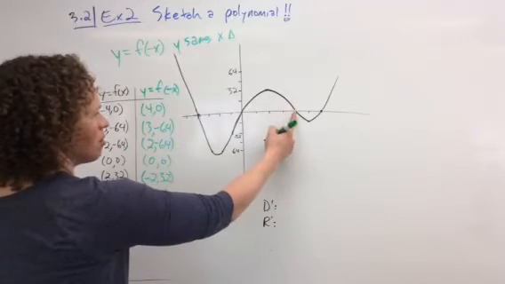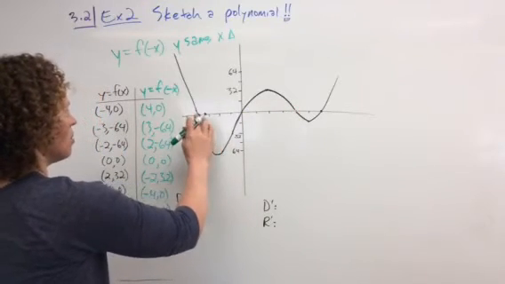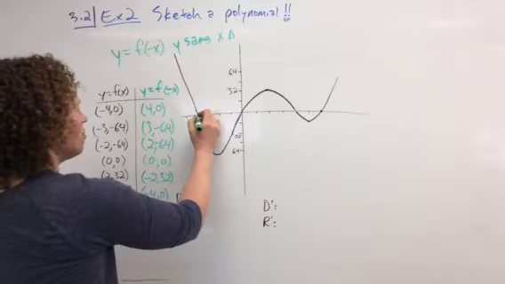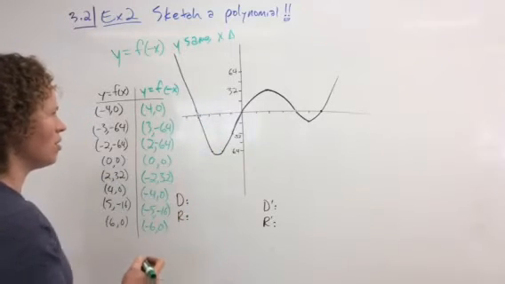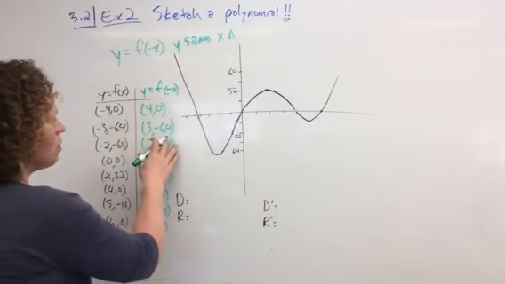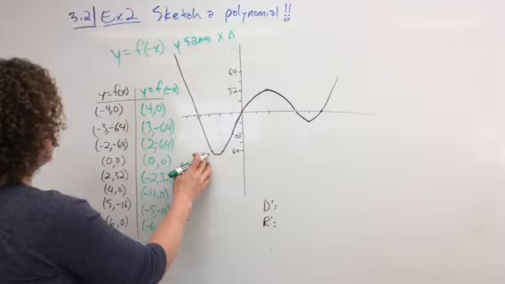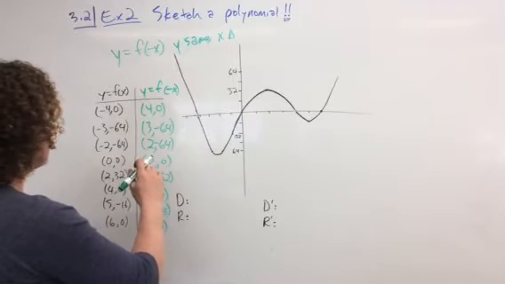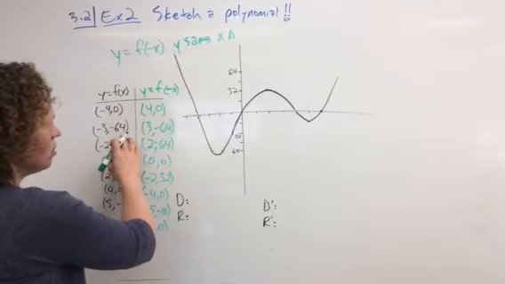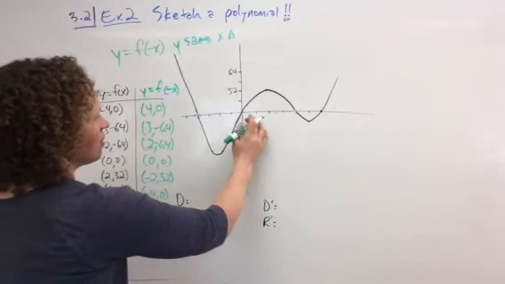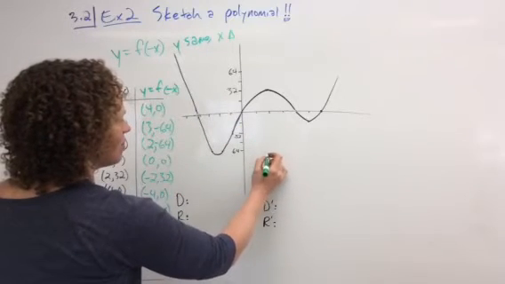It's this point becoming that one, and that one becoming this one. But we will have points in common there, so you have to watch out for that. And then we'll have 3 and negative 64, so this one is still going to be at 3. 3 and negative 64 goes this way.